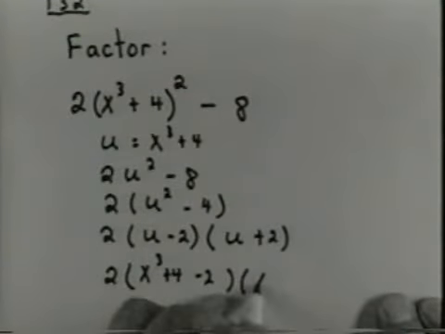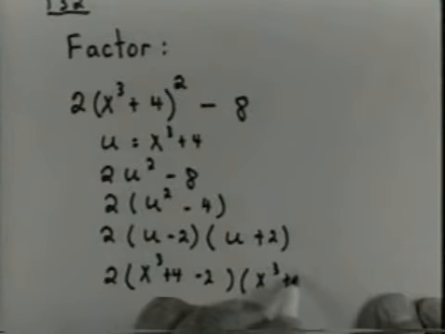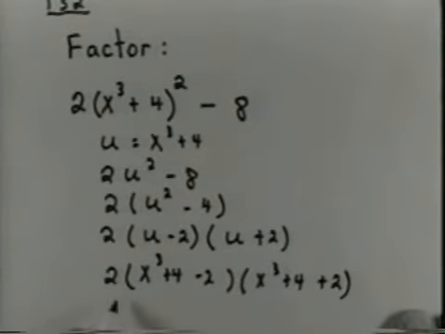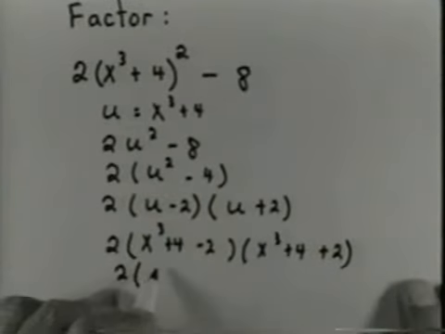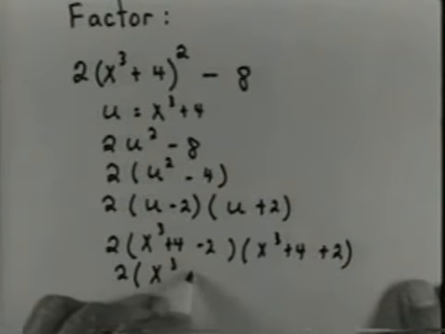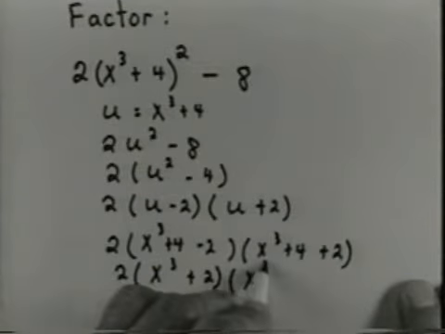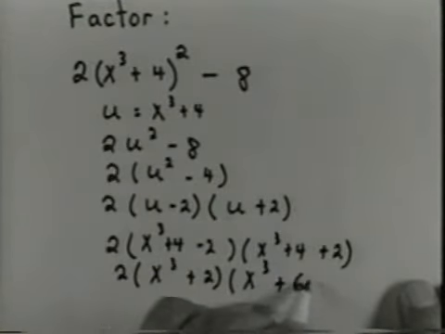Then I'd have x cubed plus 4 plus the 2. Or my answer would be 2 times x cubed plus 2 times x cubed plus 6.